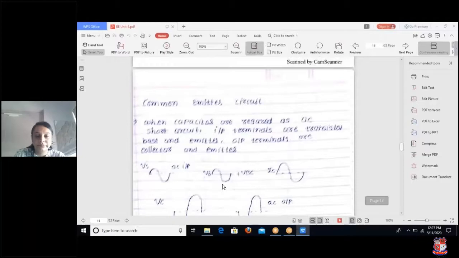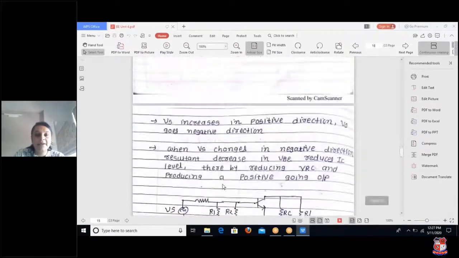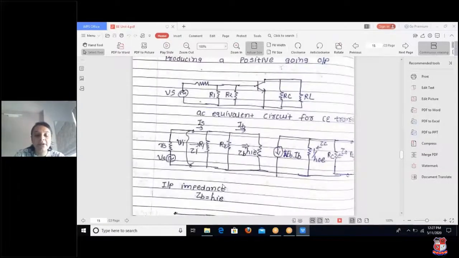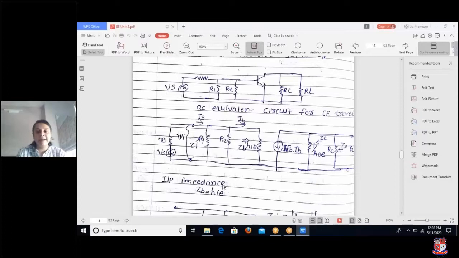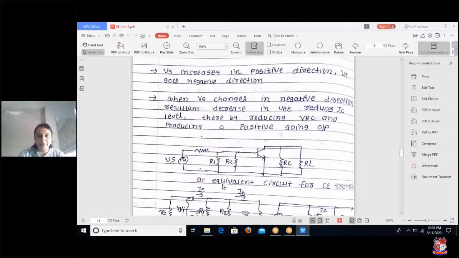In this figure, from this configuration, we find the value of input impedance, and how we find the value of output impedance is shown in these examples.